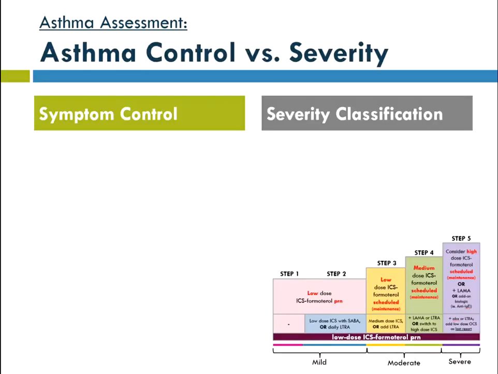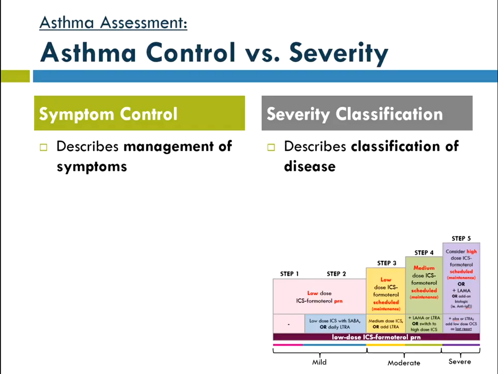Okay? So symptom control describes the management of your symptoms. Severity classification classifies the disease. We're either talking about their symptoms, they might not have asthma, they can still have symptoms. Or we might not have a confirmed diagnosis, they can still have symptoms. Severity is classifying the disease as a whole, which means they already have it.